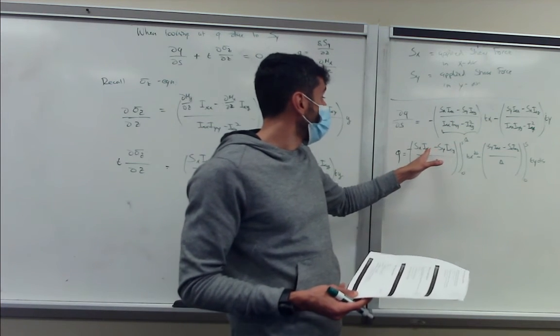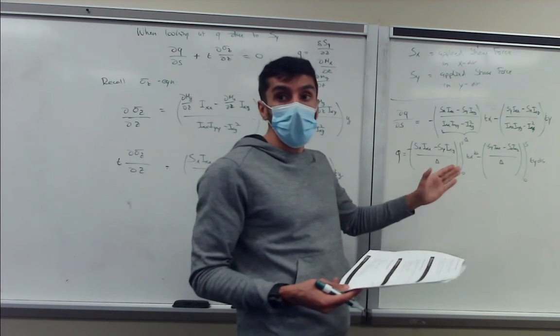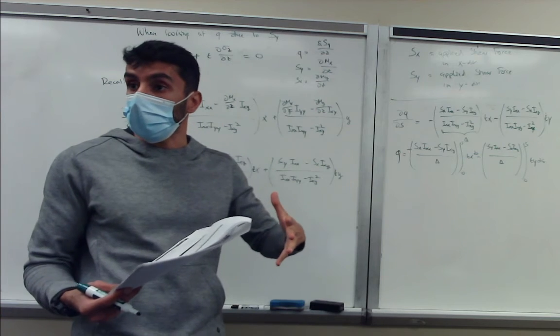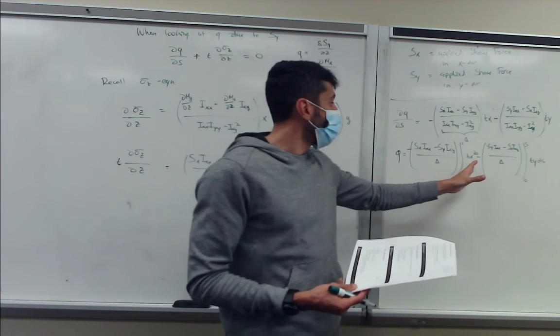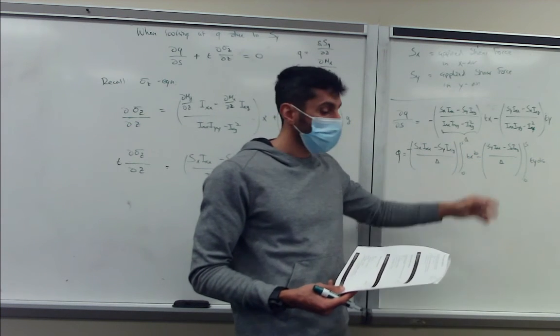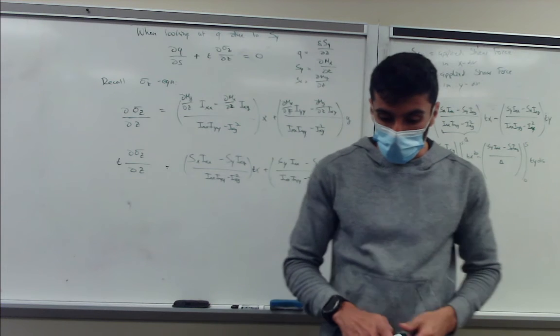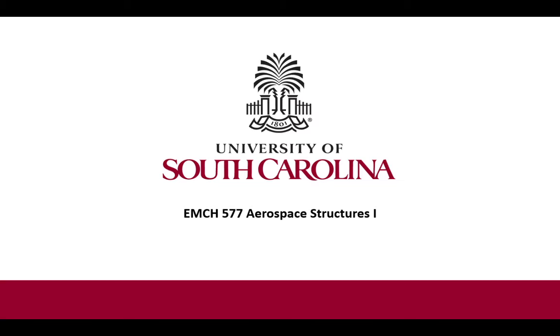Our geometry cross-sectional properties like moment of inertia do not vary with location in the cross section, so those are taken out of the integral. The only thing that can vary is the thickness and the x location. With that said, I'm going to go to the lecture slides and we can do a quick recap.